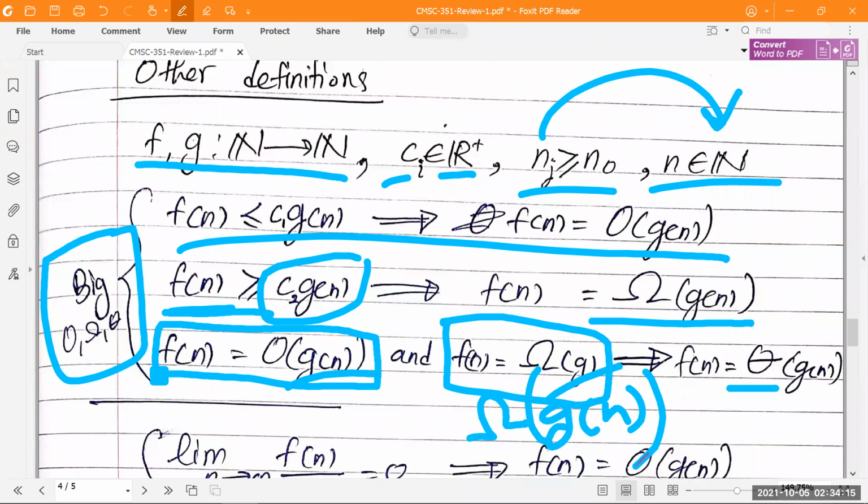If you have the upper bound and the lower bound, then you say it's big theta. We'll look at why this is important as well. If you know the upper bound and the lower bound of a function, you know more information about the function.